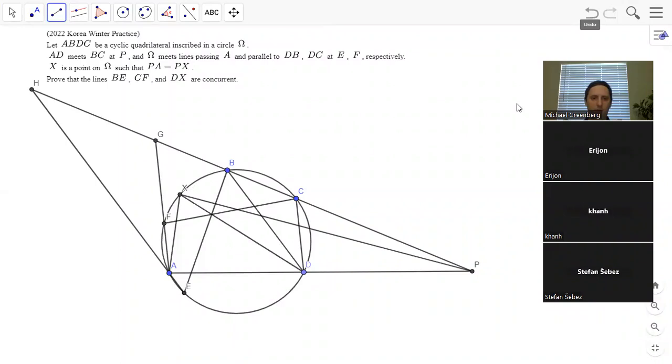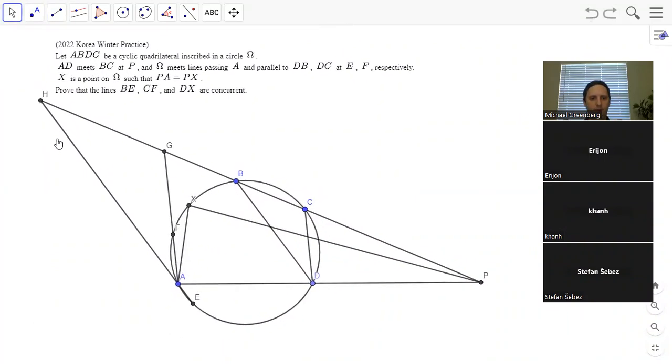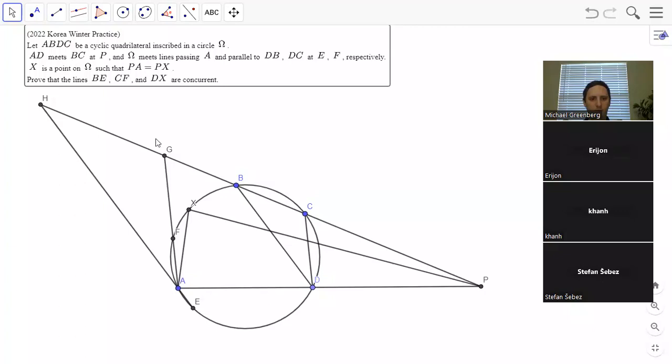It almost looks, well, looks a little like projective geometry. Because, yeah, that would help us use the two parallels.